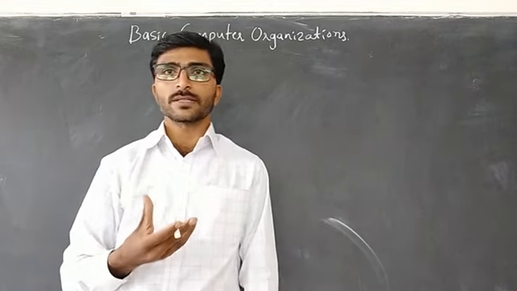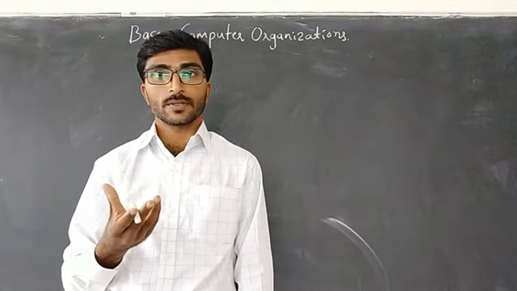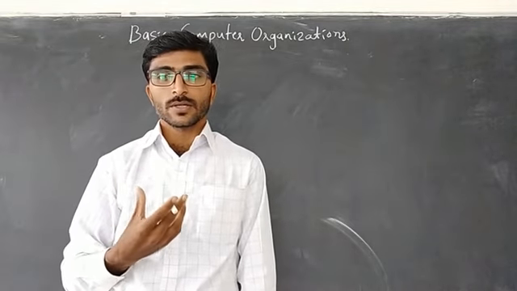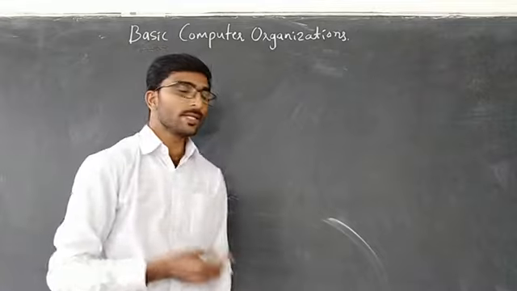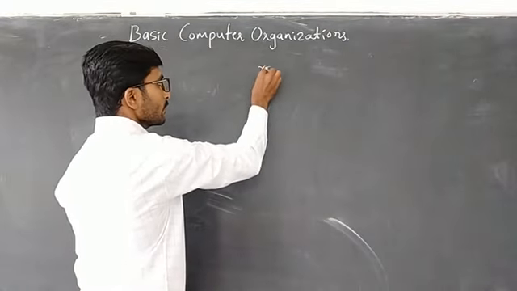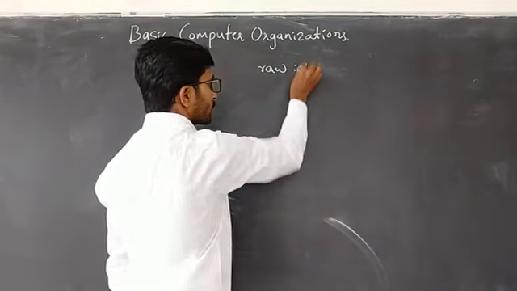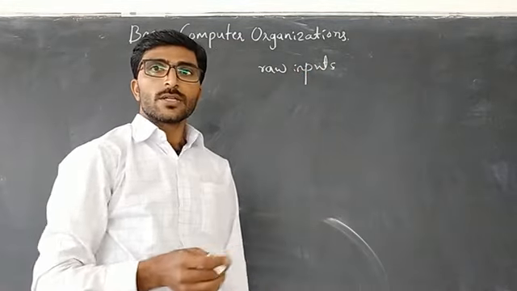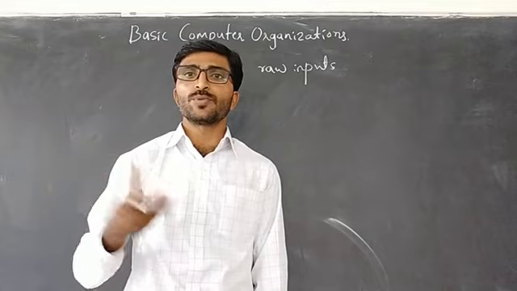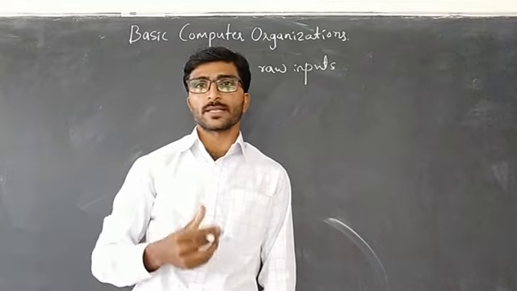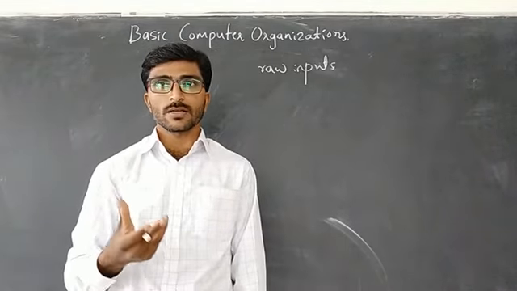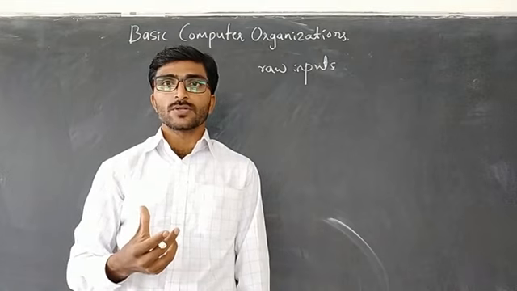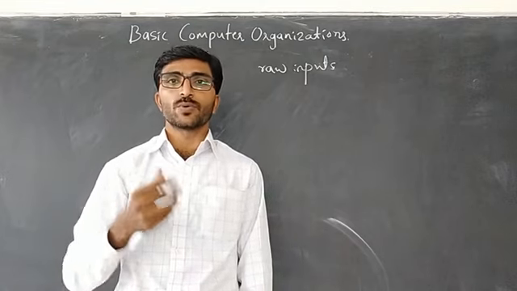The computer system performs these basic functions for converting raw input. What is the raw input? What the user provides to the computer using input devices like keyboard, camera, mic. Those are called raw inputs.